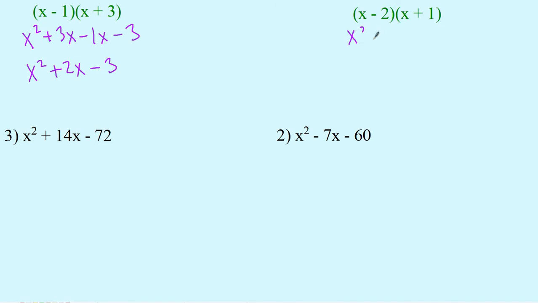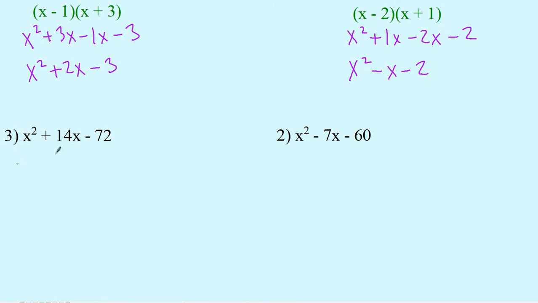And this one is x squared plus 1x minus 2x minus 2, so x squared minus x minus 2. Notice they both ended in a negative, but the middle numbers were different signs. I had a negative x and a positive 2x. So you're just noticing connections. I'll explain it all in a minute, if you hadn't noticed it yet.